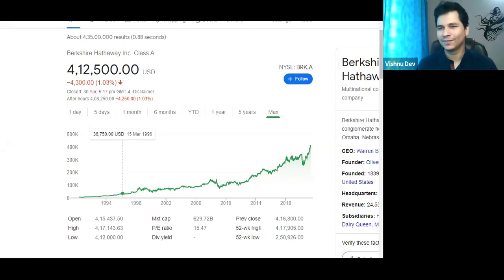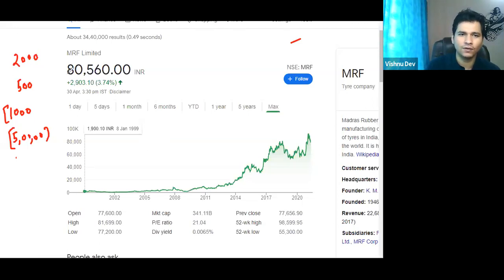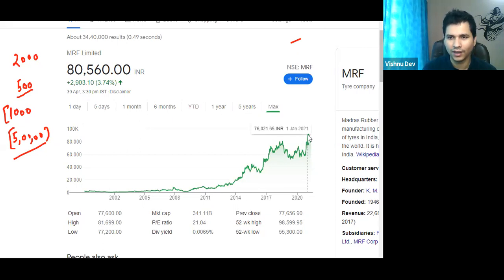Someone who bought 500 shares in 2000 at the price of 5 lakh. Now today, suppose today, that share would be worth how much?